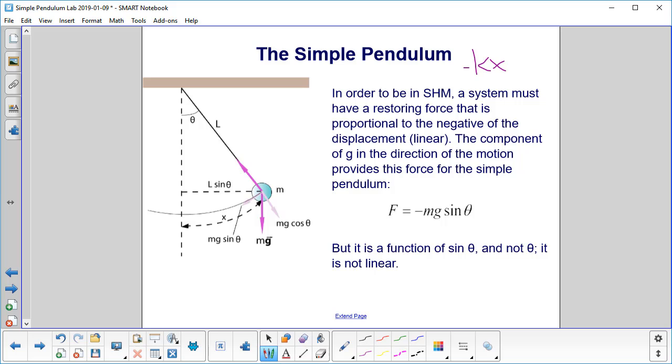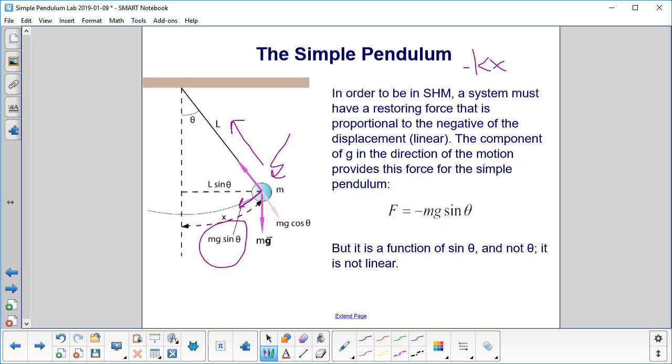In this case, for the simple pendulum, and we go over this in more detail in the unit presentation, we have a couple of forces acting on this pendulum bob. We have the tension of the string going up the string, and then we have mg. We do a little vector resolution, and this is covered really more in AP1 and also in APC, but for now, let's just say the restoring force is mg sine theta.